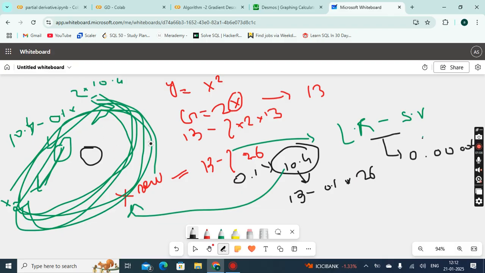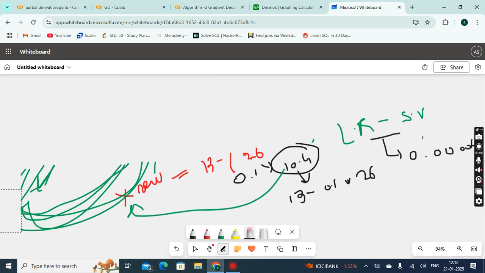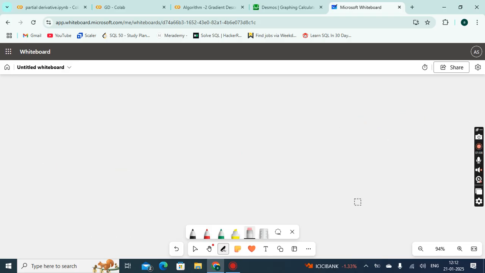So I hope now if I just recall you with a simple diagram of this part. We started at 13. Let's say this is 13. Then we got a new value as 10.4. Then another value we get, then another value, and finally we reach the position 0.